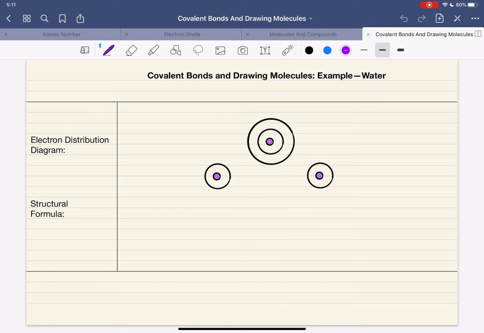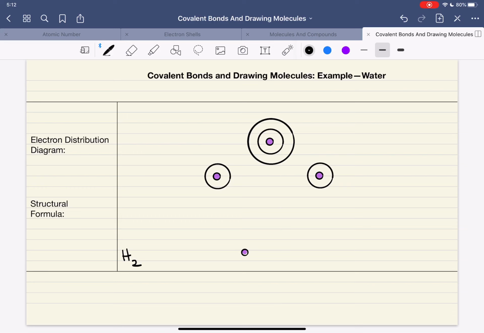Purple is going to represent the atomic nucleus. So my first example, just trying to start simple, is not water, but this molecule right here, H2, 2 hydrogen atoms.